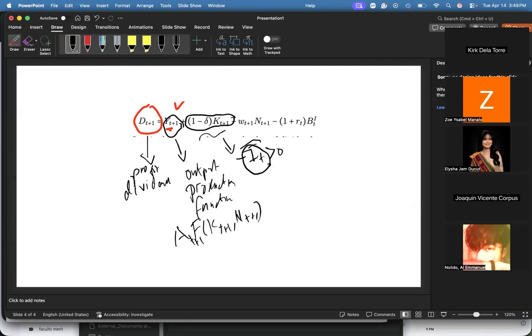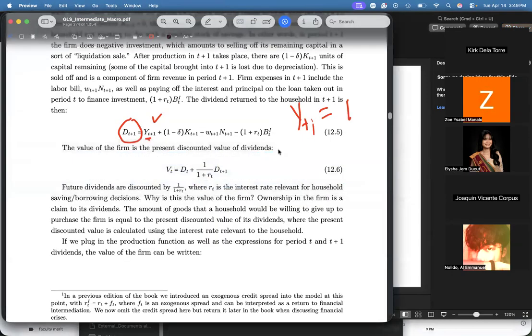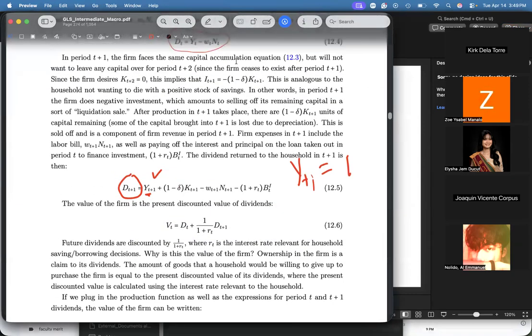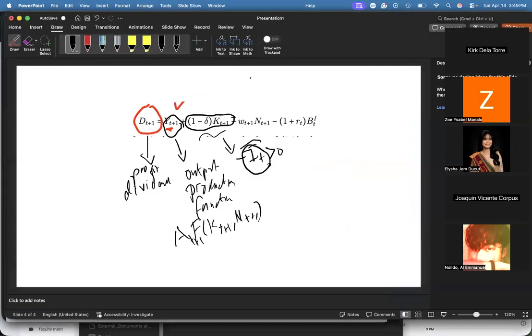Do you guys remember that thing that we had discussed, that at the end of the life of the firm, which is T plus 1, whatever capital you've got, ibebenta mo na lang siya. Right? And then you can turn that into something that you can consume. So it's a source of income, essentially.